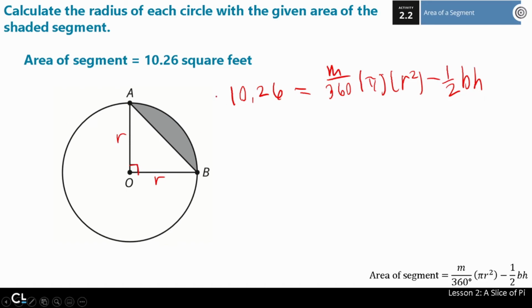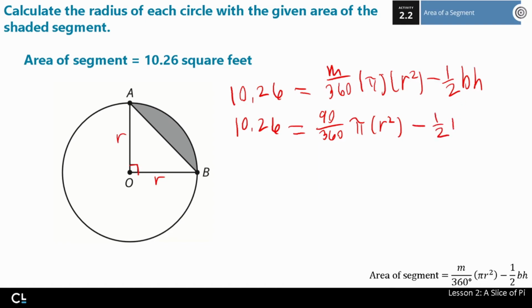So then our next step, when we start plugging things in, we could get 10.26 equals m, which is going to be 90 over 360, pi, and then we're going to get r squared minus 1/2, and then we're going to have r times r, because the base is our radius and our height is a radius.